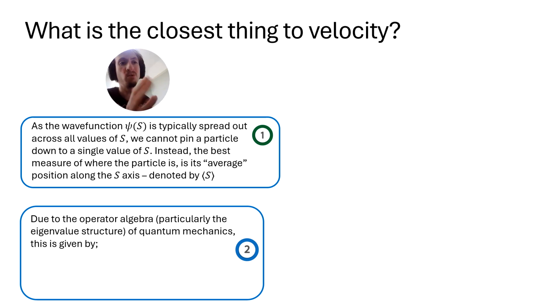And also, rather lovely, S is describing position, and therefore the position operator S hat is just S, and that actually makes finding the average value of S really quite straightforward. So this would be the expression for the average, the expectation value of S for a quantum particle with wave function psi.